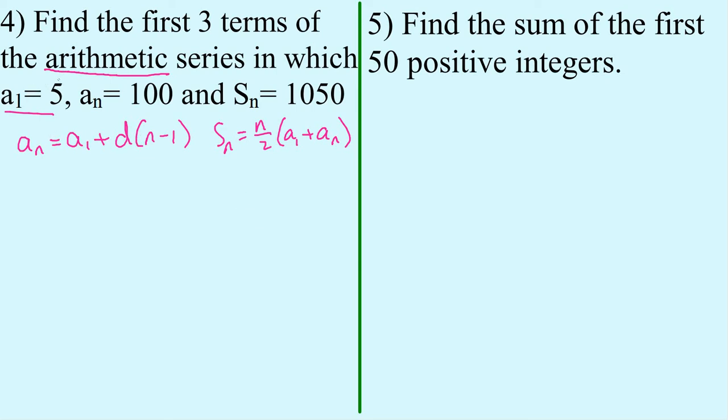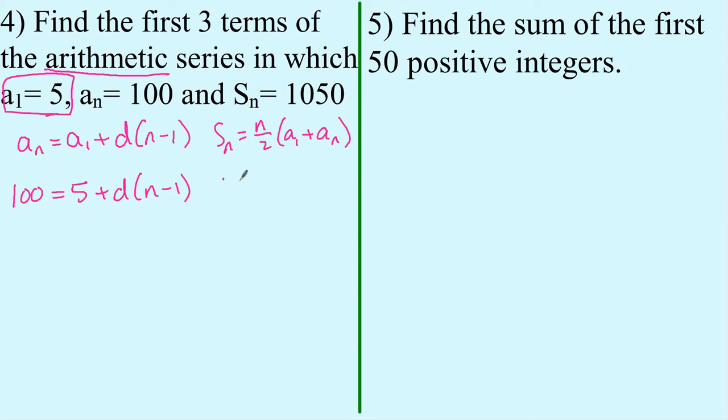So why don't we plug in our a sub 1, our first term, into those equations. And we know the nth term is 100, so we get 100 equals 5 plus d times n minus 1.